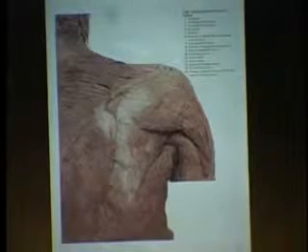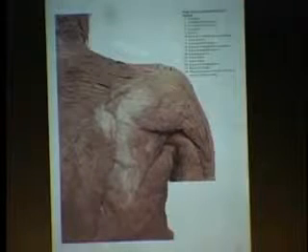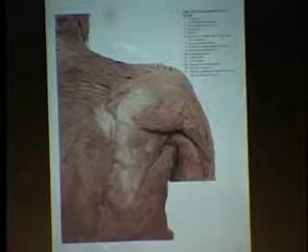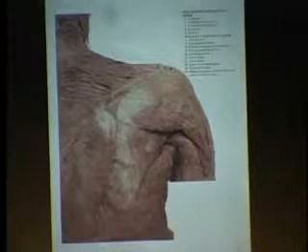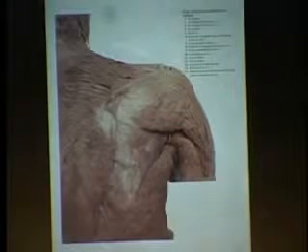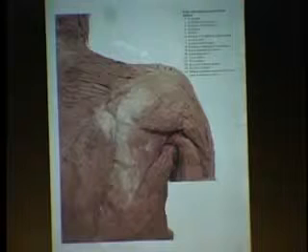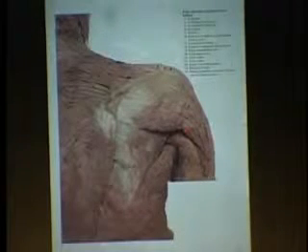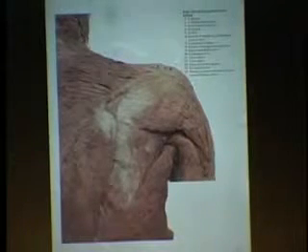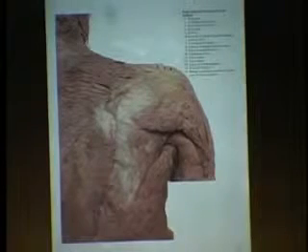Here we have the portion coming from the thoracic vertebrae, coming up to insert. What big muscle is this coming in to insert on the humerus? Latissimus dorsi. What muscle is this? Deltoid. Easy because of its shape.